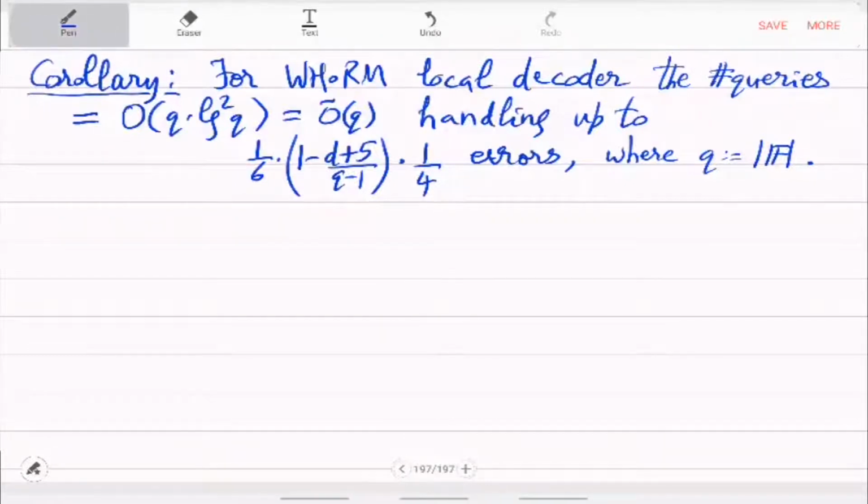And also note the message length. It is around the stretch of Reed-Muller, right. So, that is d degree L variate polynomial.